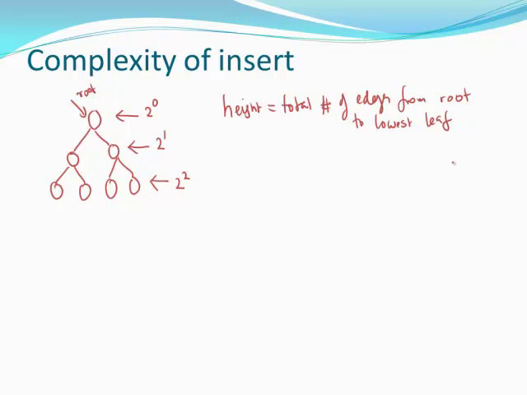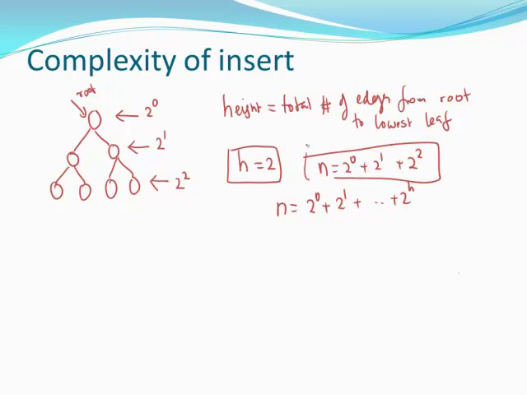And so in this case, if you look at the picture that I have here, the height of this tree would be 2, and we notice that the total number of elements is 2 to the 0 plus 2 to the 1 plus 2 squared. So the total number of elements in general is n equals 2 to the 0 plus 2 to the 1 plus up to 2 to the power h, where in the previous case h was equal to 2.